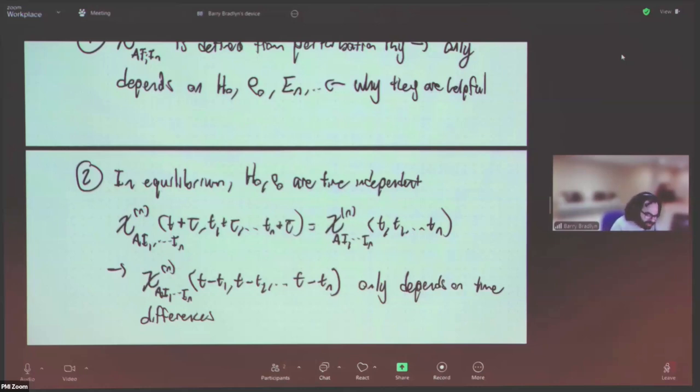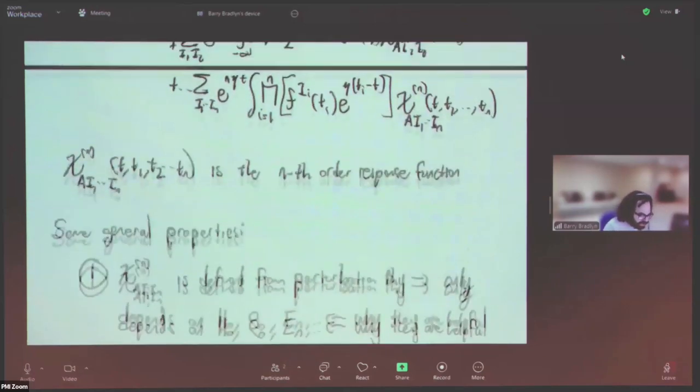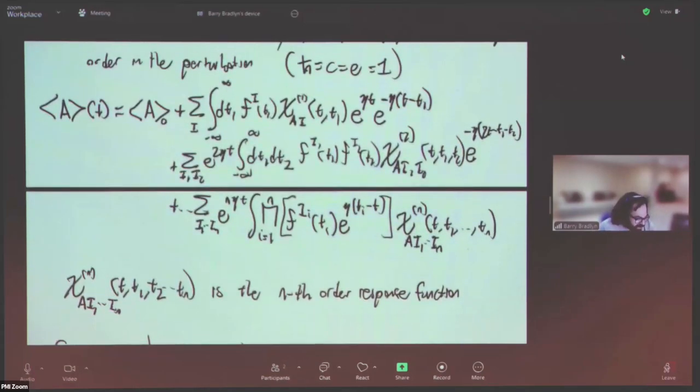Writing things in this way is helpful because then all of these integrals that we have to determine the average of A, they all just become convolutions of our function chi with our perturbation f.